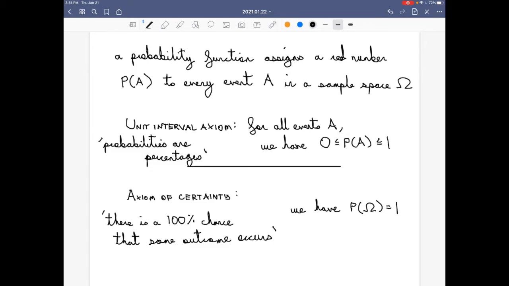So the first axiom for probability is the stipulation that the probability of an event can't just be any real number. It has to be a real number between 0 and 1.